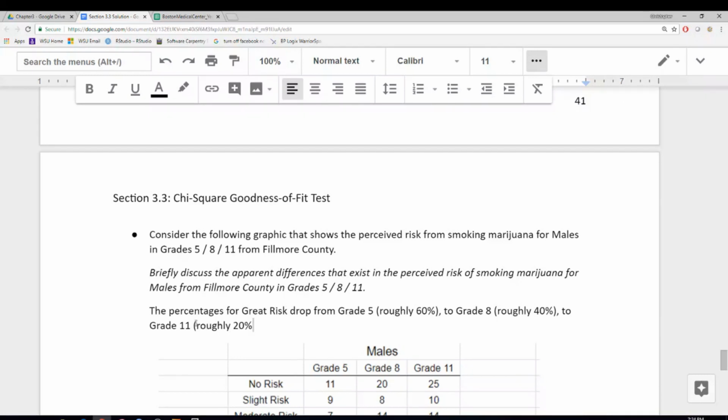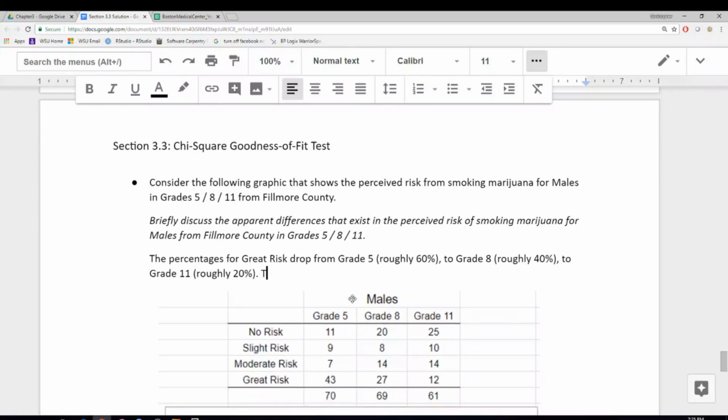The other thing that I noticed, that at least I thought was interesting, was that the students in the no-risk group tend to make this decision by grade 8.